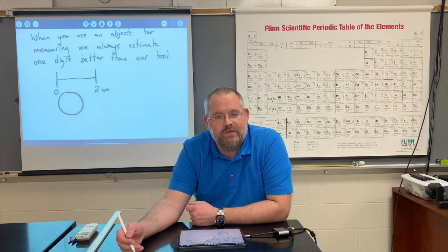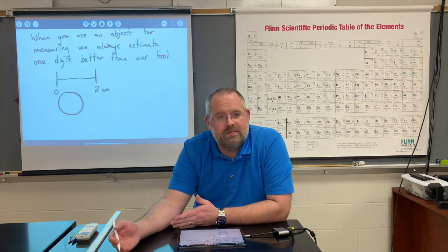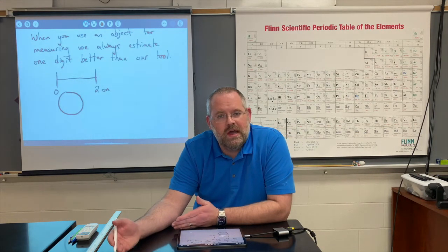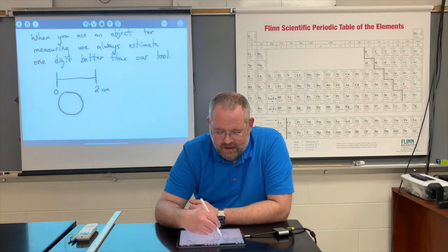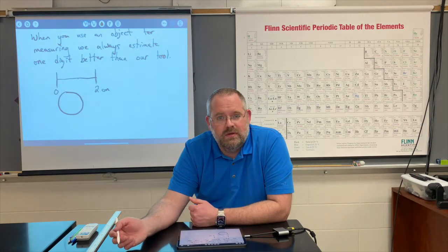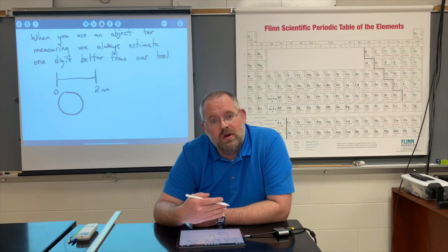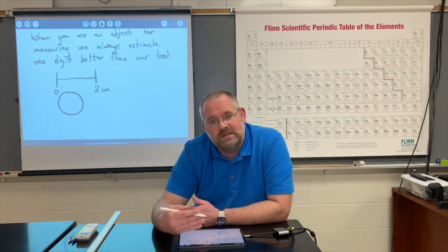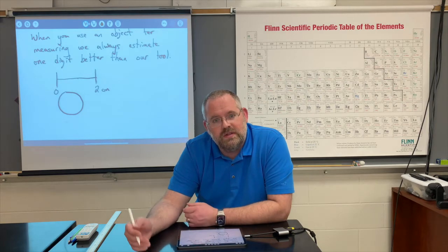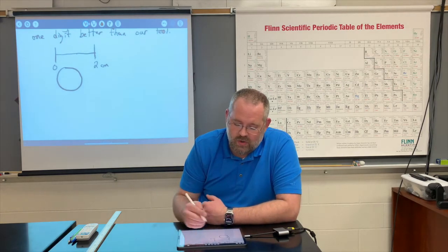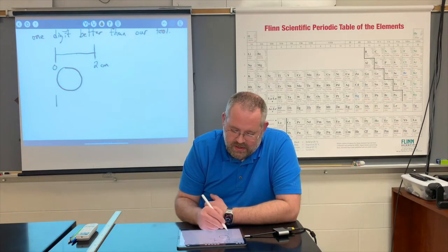It's about halfway. And that's something you're allowed to do. You're allowed to estimate that halfway point. It's not in the ruler, but you are mentally looking at it and saying, it's about halfway. That's 1 centimeter.